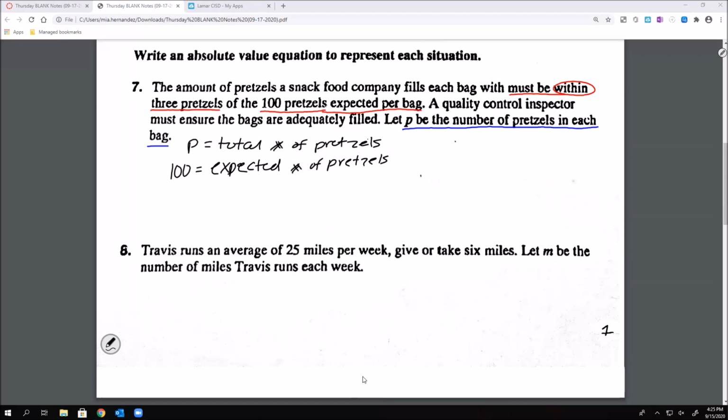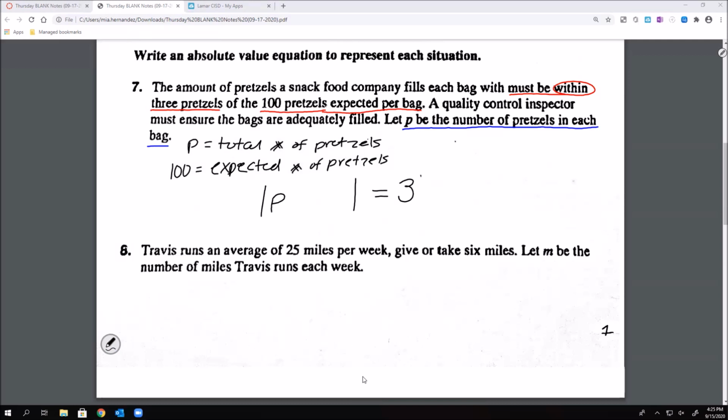So we're going to set up an absolute value equation. So I'm going to have some absolute value equals something. In this case, I have to be within 3 pretzels. Okay? So I'm going to set this equal to 3. Now, P is my total number of pretzels, which means I could possibly have more pretzels in all honesty, right?